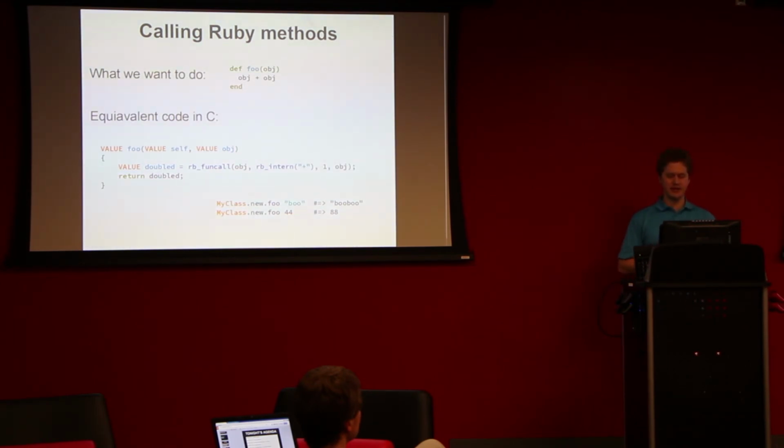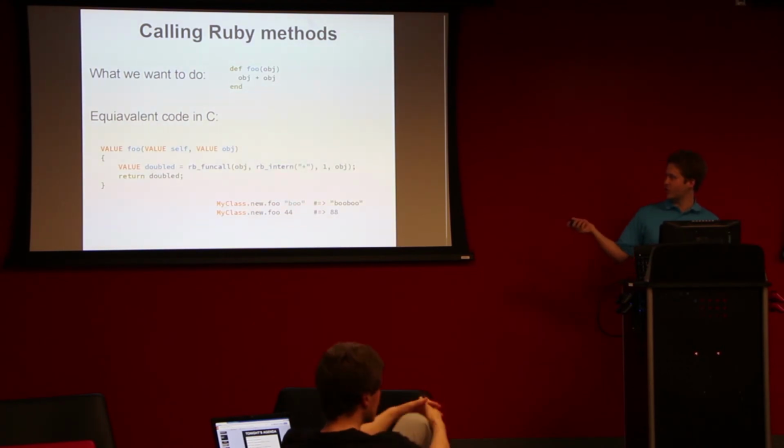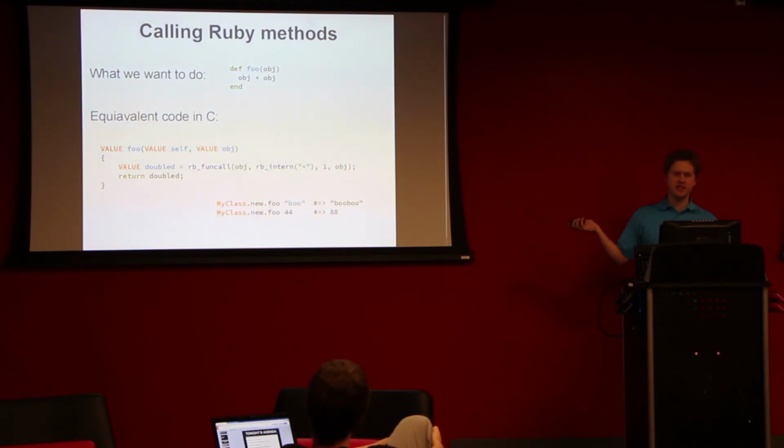So the way we can represent that in our C program is to use rb_funcall. When you're calling a function, you need to tell it what object you're calling a function on. You need to give it the name of the function. But actually, you don't just give it the name, you give it a symbol. So we have to call rb_intern to get a symbol from the plus string.